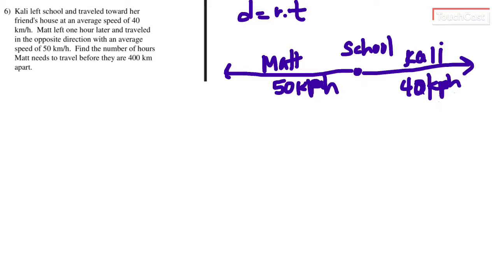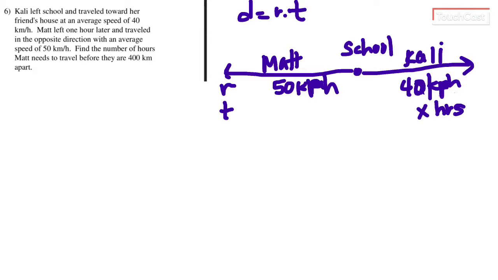So we have both Matt and Callie's rate, but what we don't have is the time, at least for Callie. It doesn't say how long she drove for, and so we will just label her length of time that she drove as X, and we'll say hours.